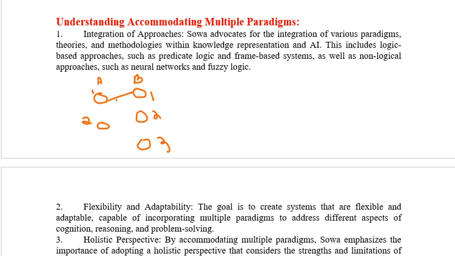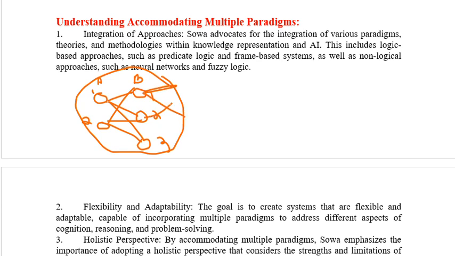A1 is connected to B1, B2 and B3. Similarly, A2 is connected to B1, B2 and B3. So this is in the form of a network, and this is nothing but a neural network. Similarly, we have many more objects connected to other things, each connected to multiple levels. I think you understood. These types of networks are known as neural networks, and they come under the non-logic based approaches.